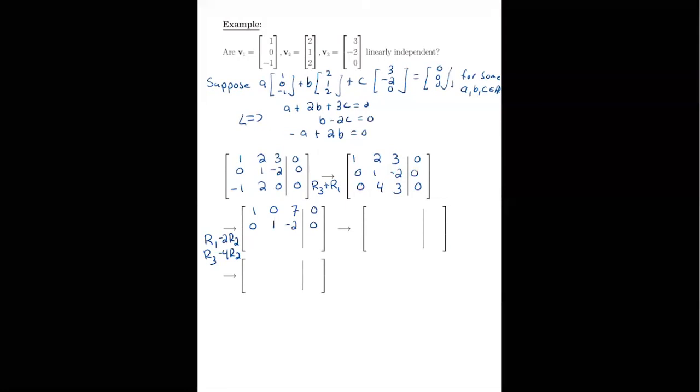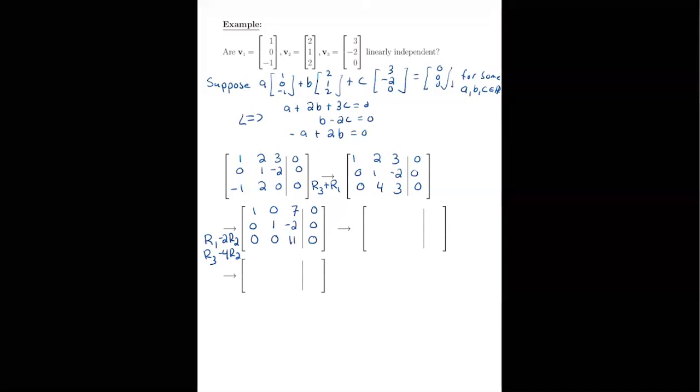Now we want to take row 3 minus 4 row 2, so that's still going to be 0. This minus 4 of these is now 0. 3 minus 4 of these, so 3 plus 8, that will be 11. And then 0 minus 4 times 0 is still just 0.